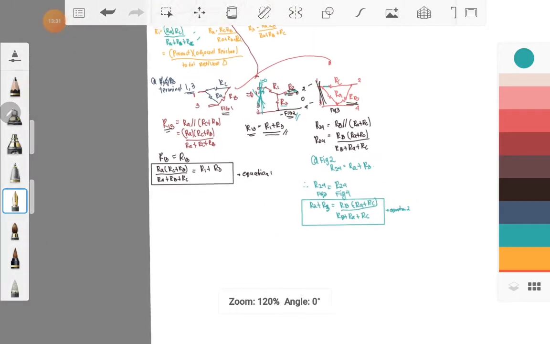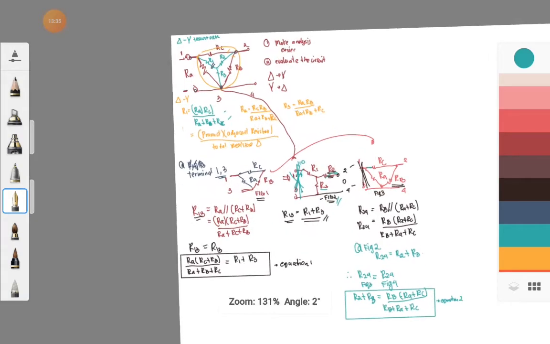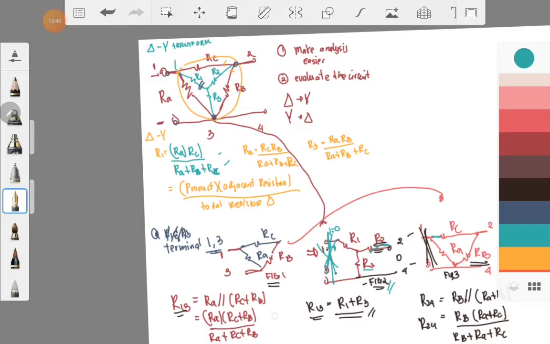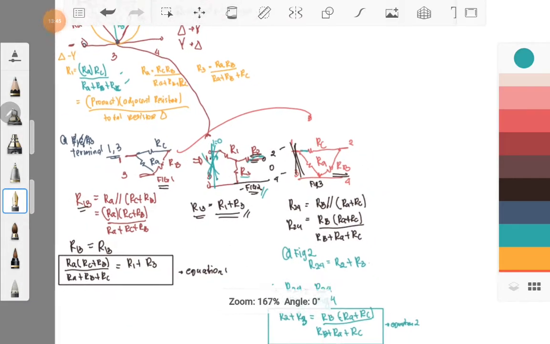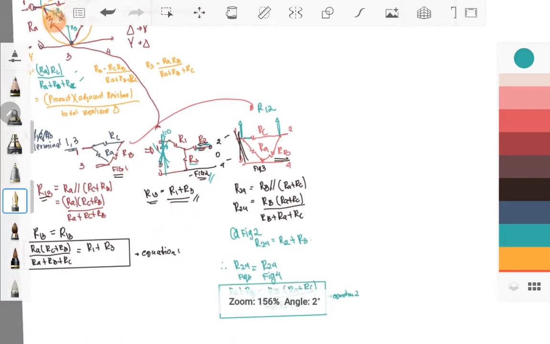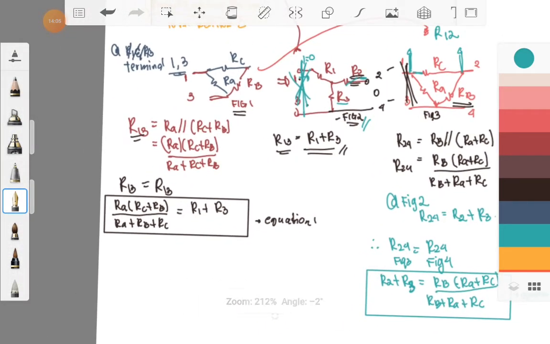Next is that we will get the third terminal, which is your terminal R12. Yeah. That would be our next terminal. So we have a terminal R12. So getting the equation of this R12, so ilalagay natin dito para mas makita nyo.